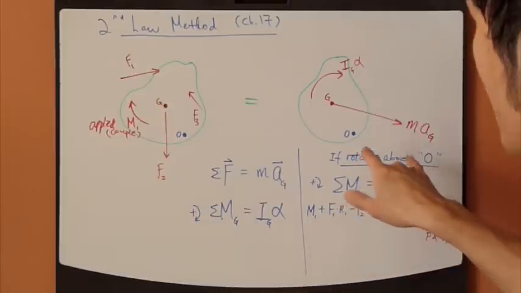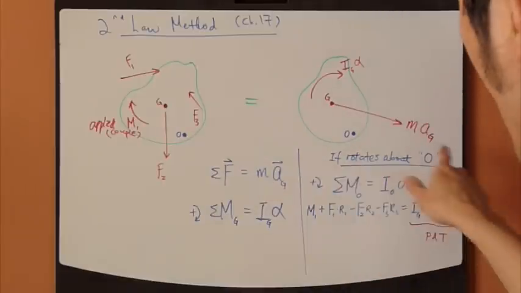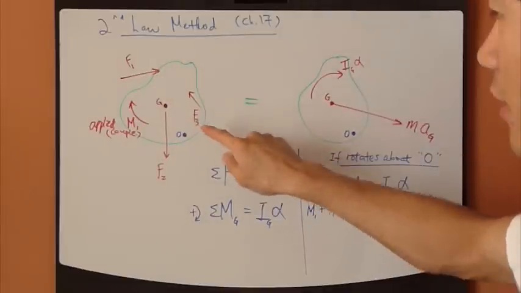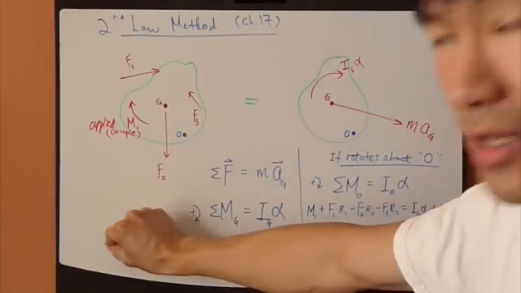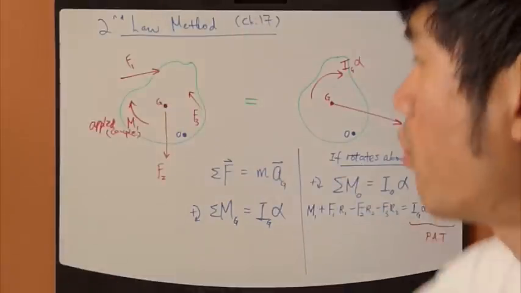If it were to rotate about point O, now this point O may or may not be on the rigid body itself. This point O can be outside of it, so this whole thing may be rotating about that point.